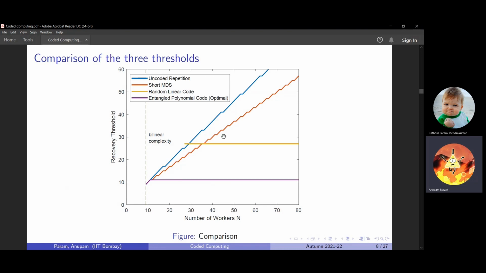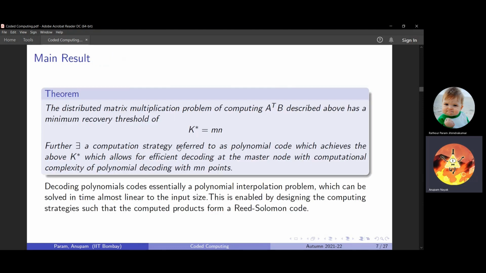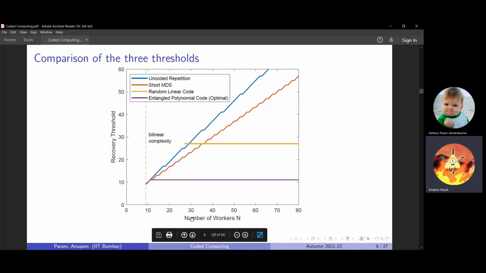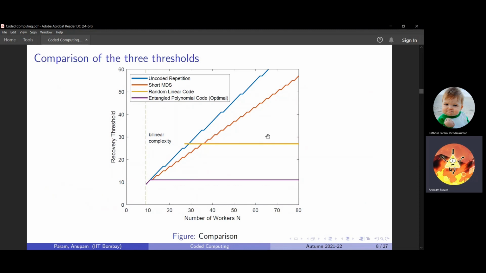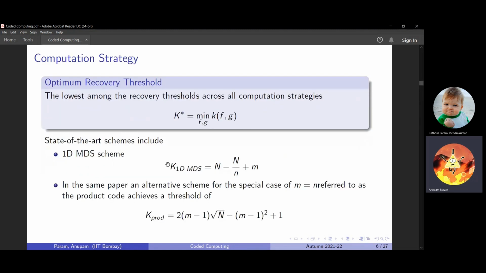These are the common techniques used. You can see that this is, as we described, the optimal polynomial code. With increasing number of workers, the recovery threshold stays the same, m times n, for the same fraction being stored. But for the 1D MDS scheme, this increases with the order n.